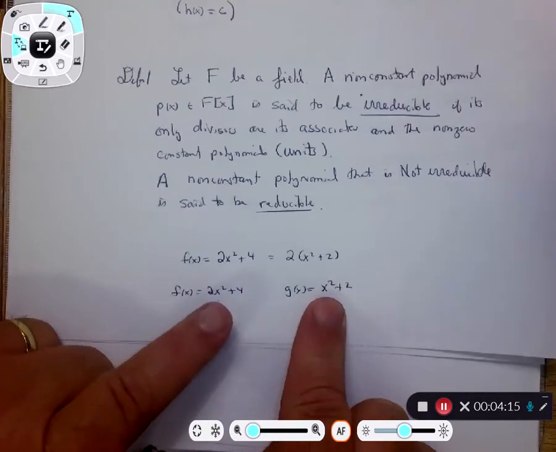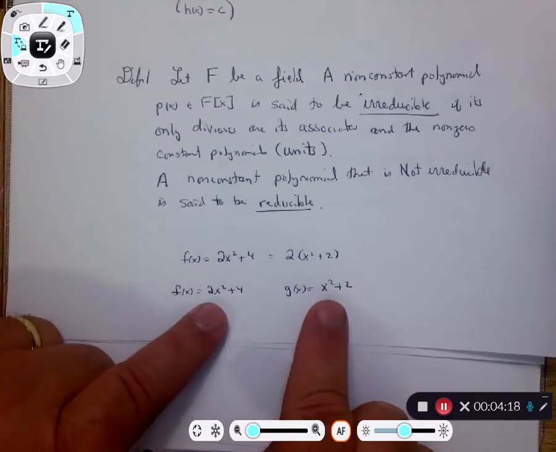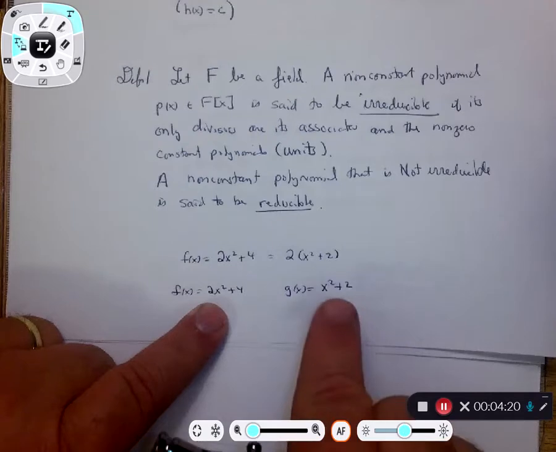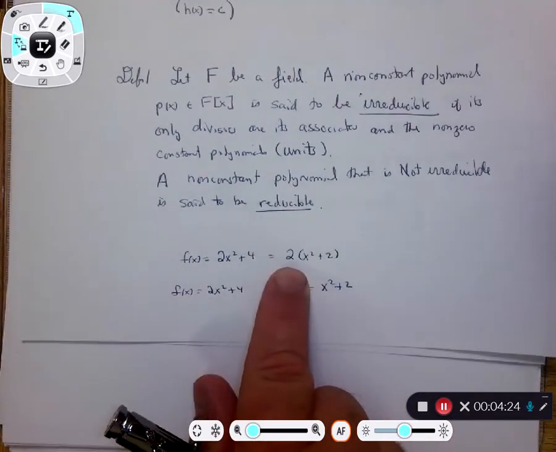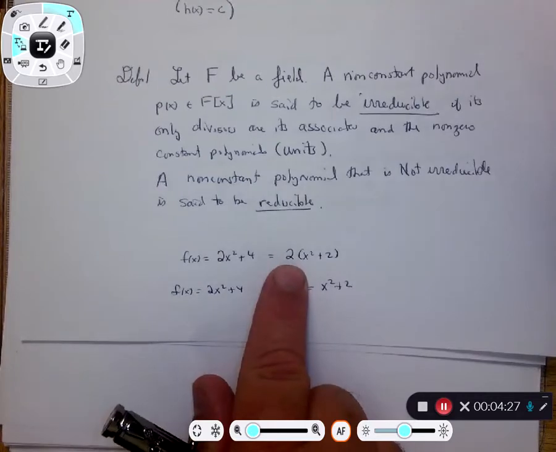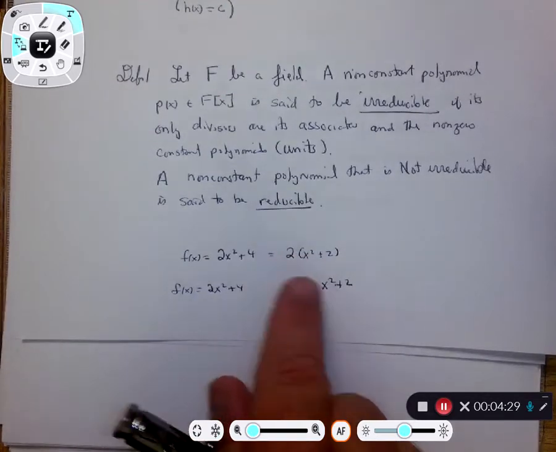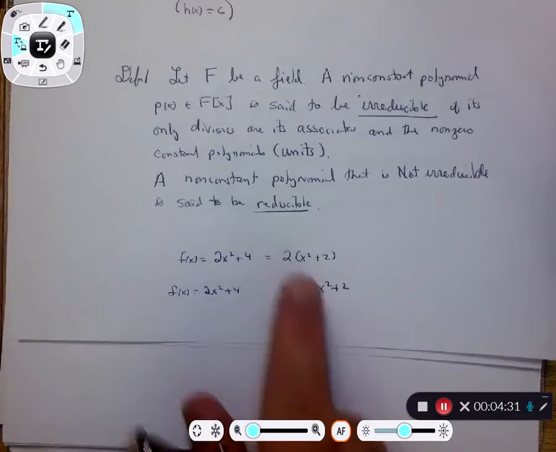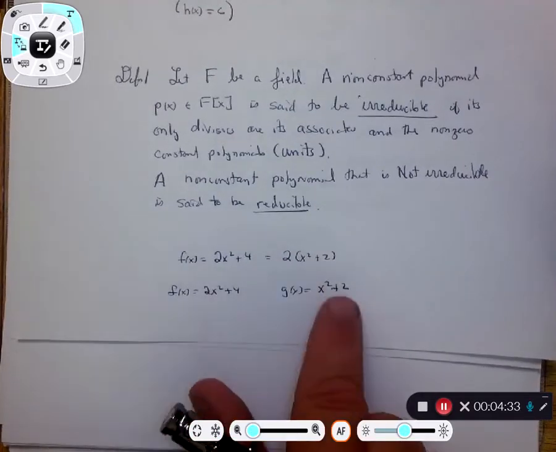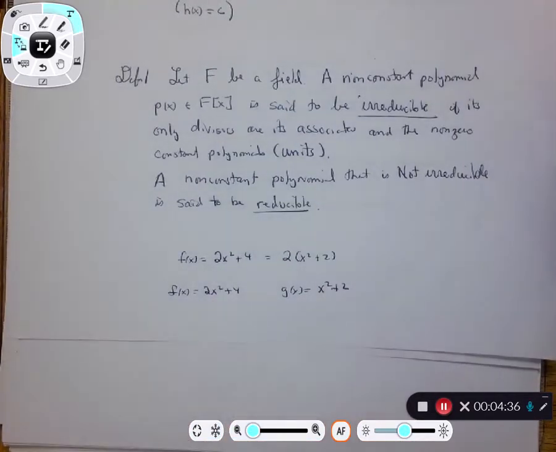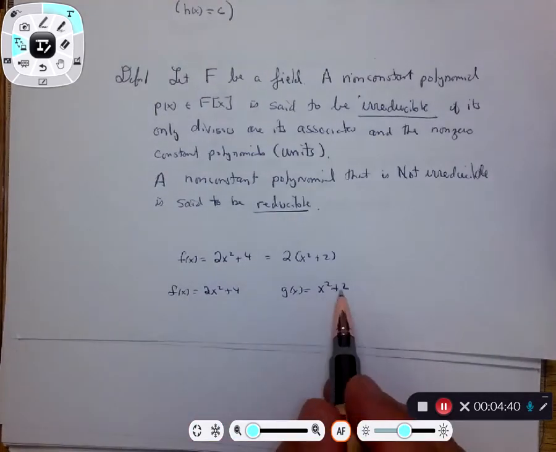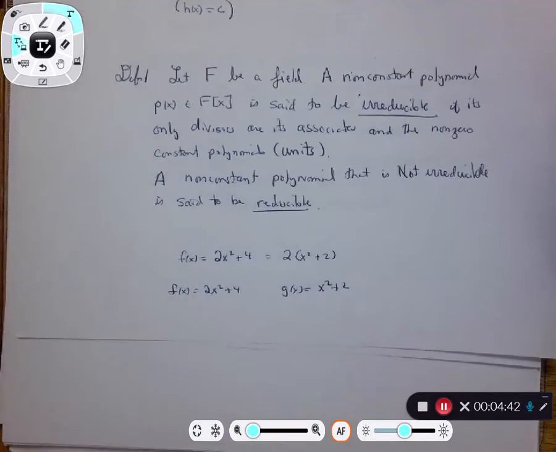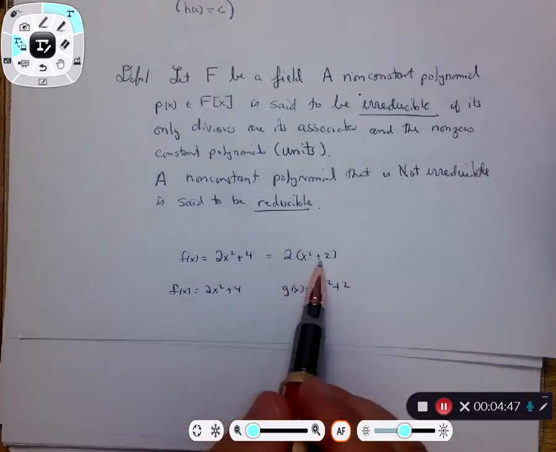The only difference is I had to multiply this one by 2 to get this one. And 2, in the world of fields, has a multiplicative inverse of 1/2, which also is an element of your field. So the non-zero constants are the unit elements. You multiply this one by a unit to get the other, and therefore 2x squared plus 4 and x squared plus 2 are associate polynomials. So that's not considered doing anything.